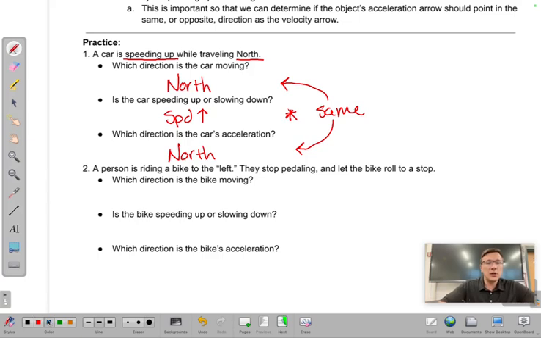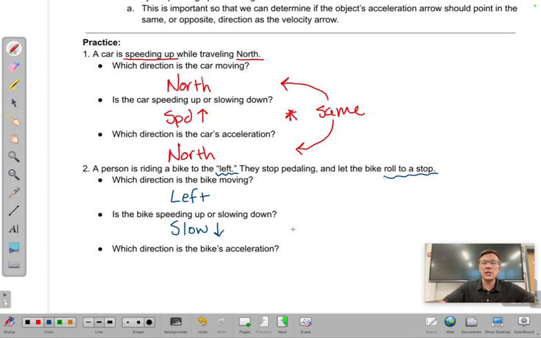Now, looking at the second one, it says a person is riding a bike to the left. They stop pedaling and let the bike roll to a stop. So which direction is the bike moving? It told us that the bike is moving to the left. And is the bike speeding up or slowing down? If I stop pedaling my bike and roll to a stop, I am obviously slowing down.